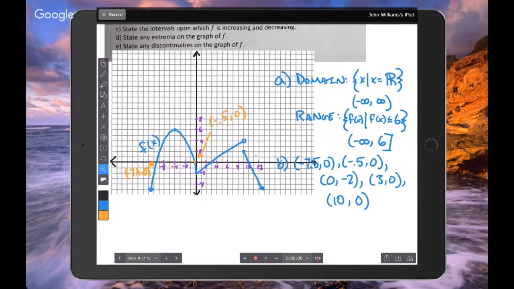Okay. C, increasing and decreasing. Where are we increasing and where are we decreasing?